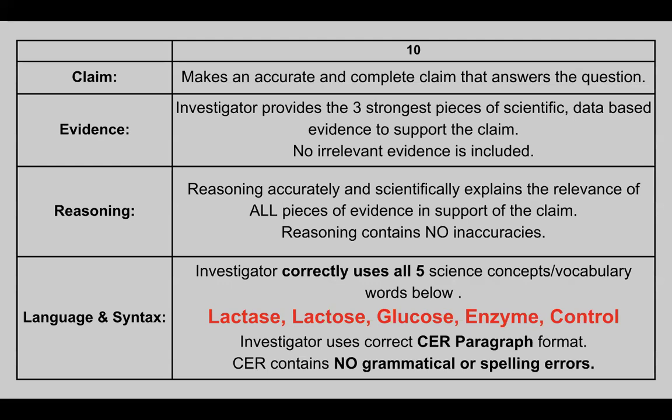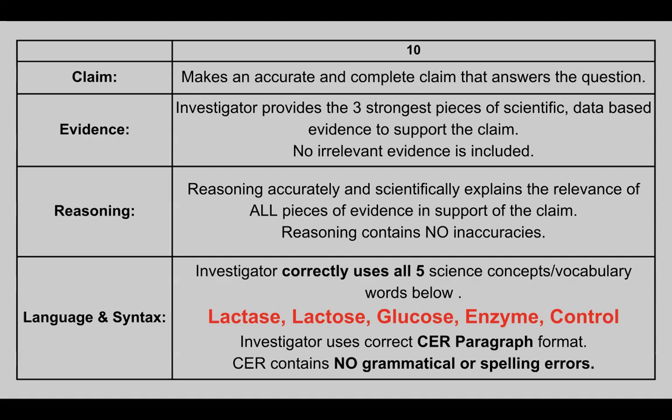Your reasoning accurately and scientifically explains the relevance of all pieces of evidence in support of the claim. No inaccuracies. Inaccuracies would be restating the evidence in your reasoning. Inaccuracies would be inaccurately picking the milk for reasons that are not correct. Finally, this is the one that changed the most.